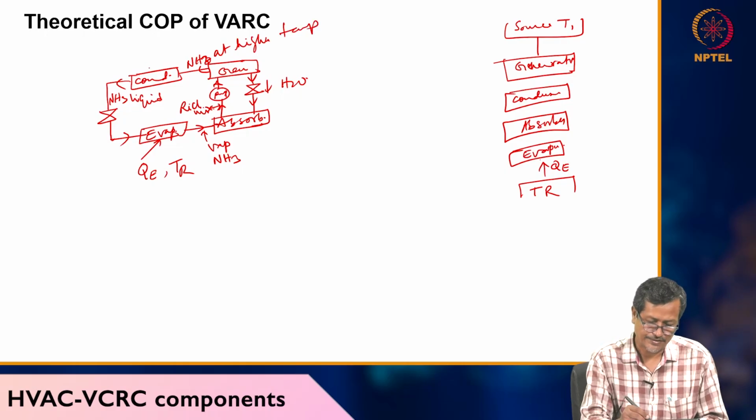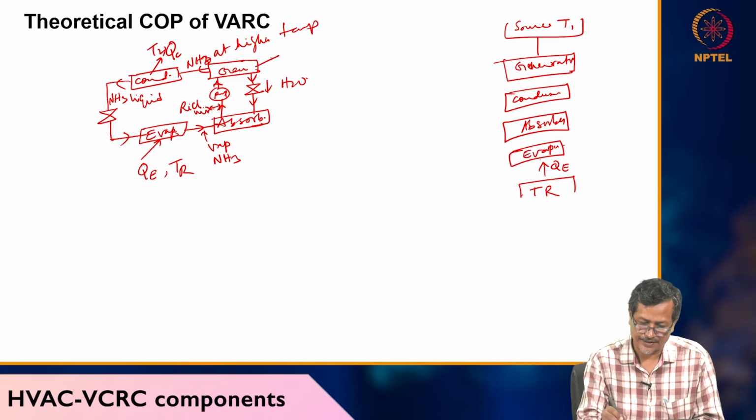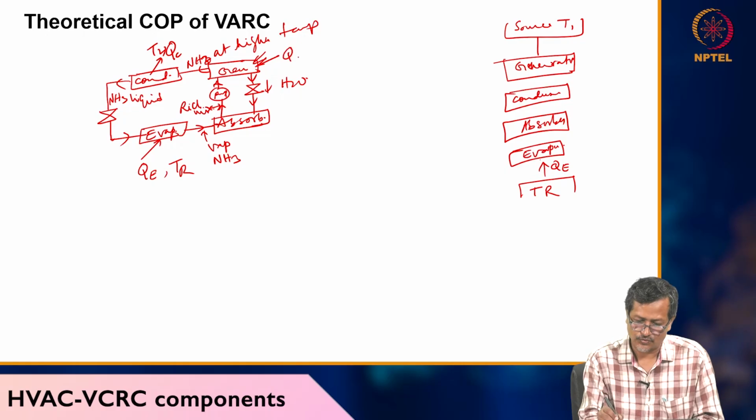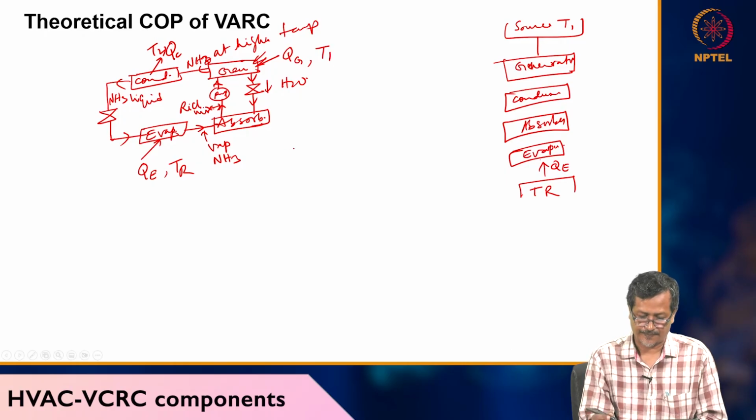So the condenser is releasing heat QC at temperature T2. We are assuming the generator is getting heat, so at high temperature the fluid, water and ammonia, will be separated: QG at temperature T1.